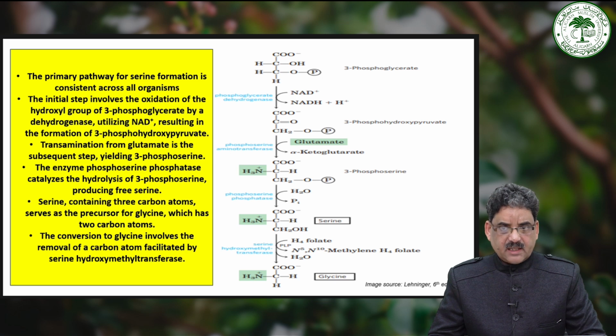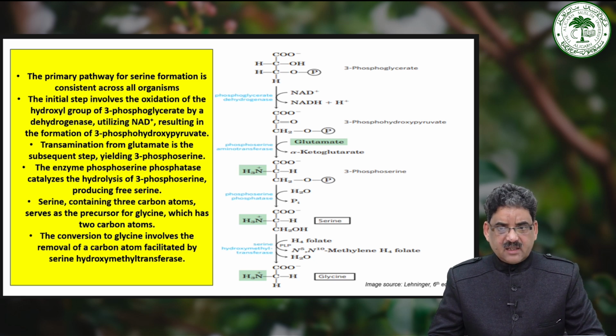This process results in the production of N5,N10-methylene tetrahydrofolate. Notably, this overall reaction is reversible and involves the participation of pyridoxal phosphate as a cofactor.